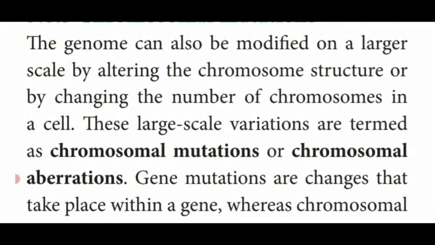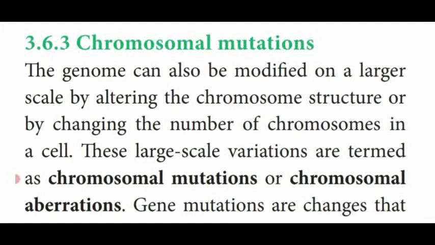So the definition for chromosomal mutation: a genome can also be modified on a larger scale by altering the chromosome structure or by changing the number of chromosomes in a cell, known as chromosomal mutation or chromosomal aberration.